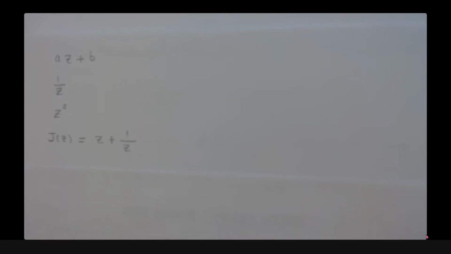Anyways, the main topic for the time being in chapter 17 is mapping. I talked about linear functions.